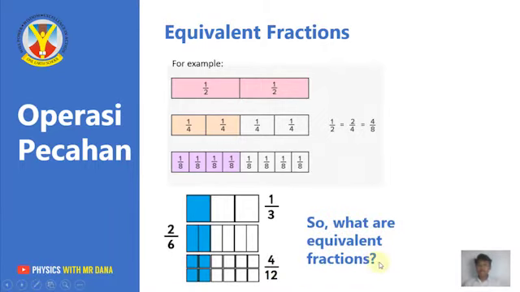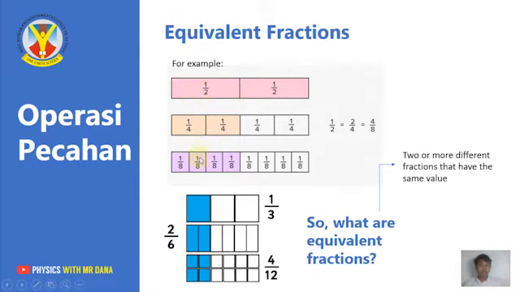So what are equivalent fractions? Equivalent fractions are two or more different fractions that have the same value. As you can see here, 1/2, 2/4, and 4/8 are different fractions, but they have the same value, the same length.